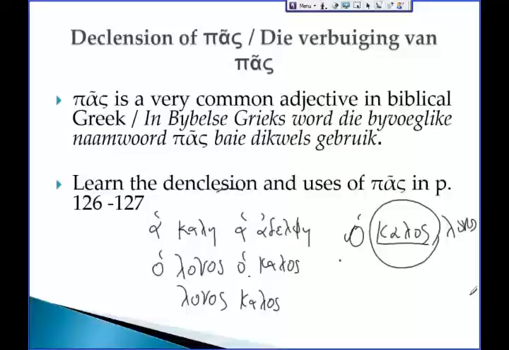The second example, Yako, can you read the sentence for us? Point 4. Starts with Egune kerusei panta tauta. What is the translation? The woman is proclaiming all these things. Yeah, the woman is proclaiming all these things.